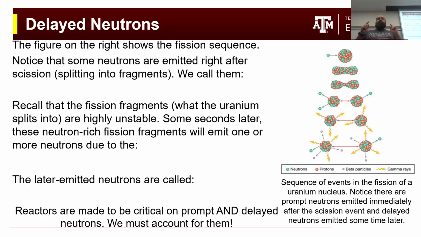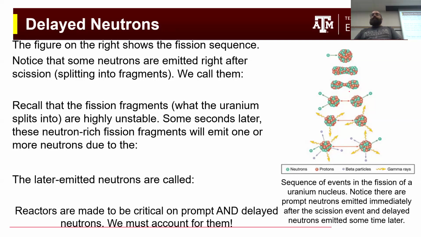So one of the things that we need to revisit is the fission process. This was the fission process that we introduced very early in the class. We know that a neutron comes in, hits a fissile nucleus like maybe U-235. That U-235 nucleus begins to split in two. And once that nucleus splits, we get these two fission fragments.